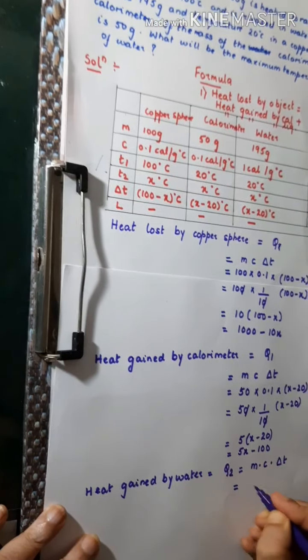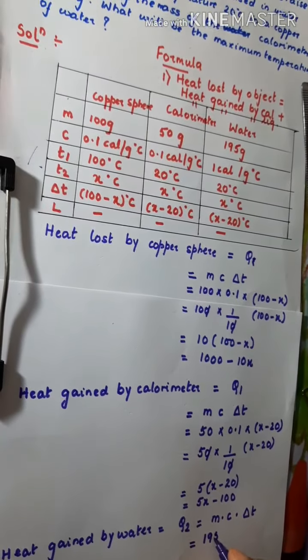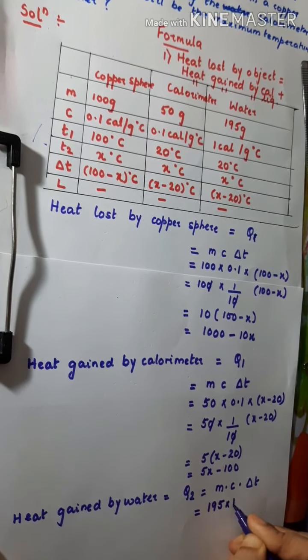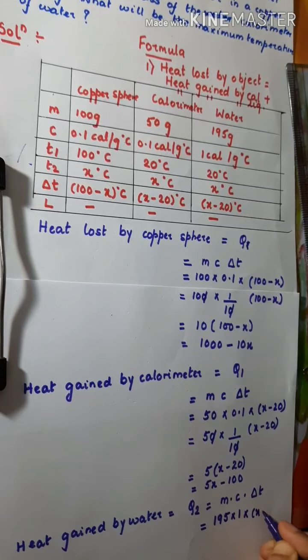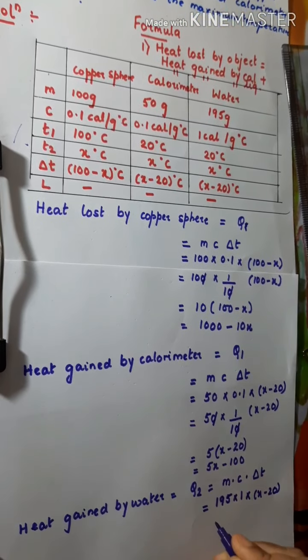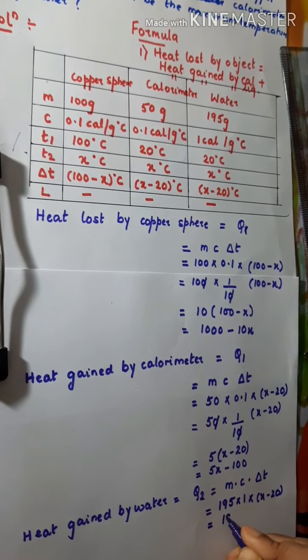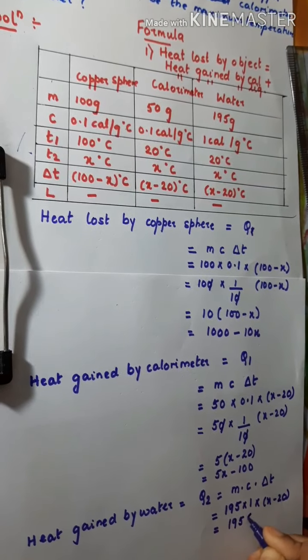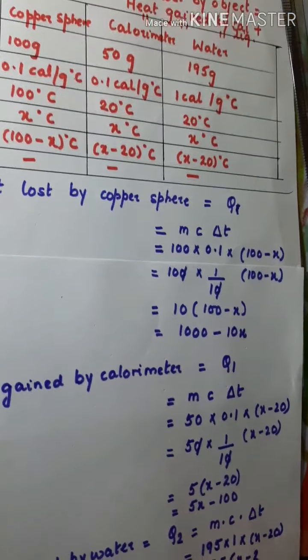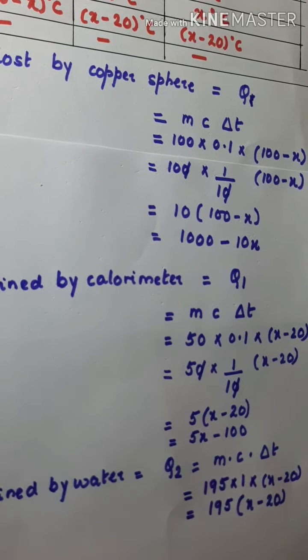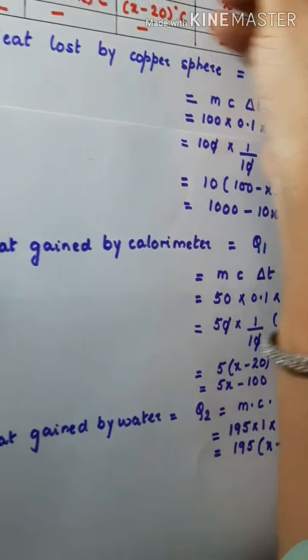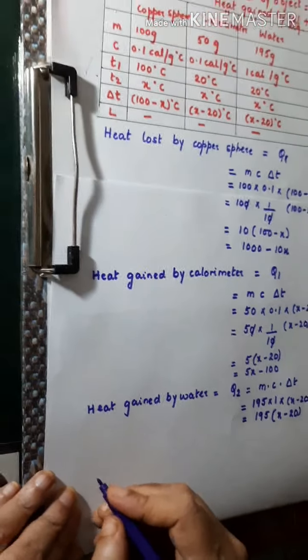Mass of water is 195. Specific heat of water is 1 and my delta T is x minus 20. So, this is equal to 195 into x minus 20. Now, the last part. This is my formula for heat exchange.